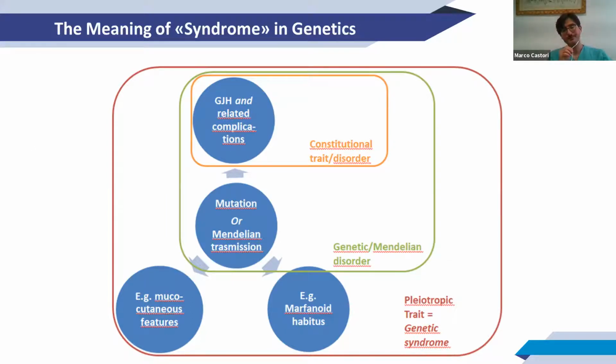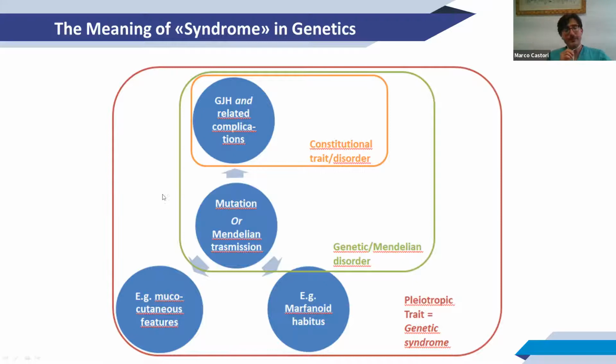This is a clue for a genetic origin, but at the same time may be a clue for a benign form, a non-syndromic or mildly syndromic form of joint hypermobility.